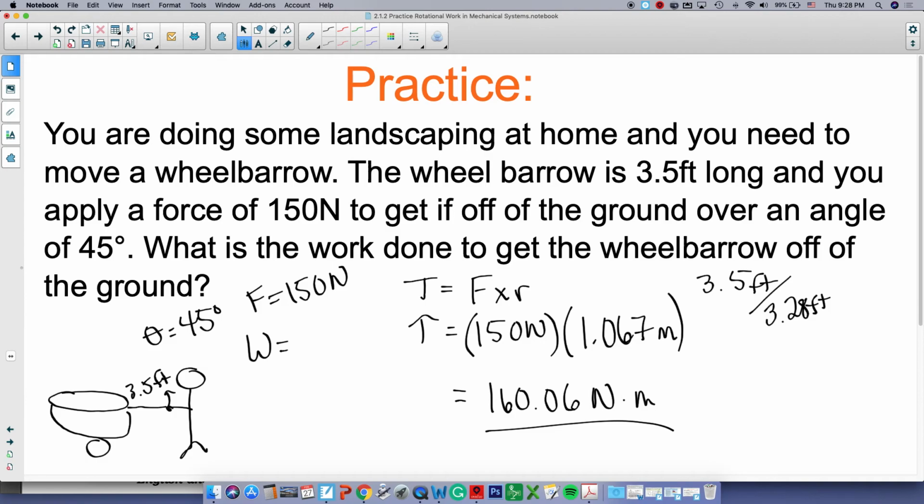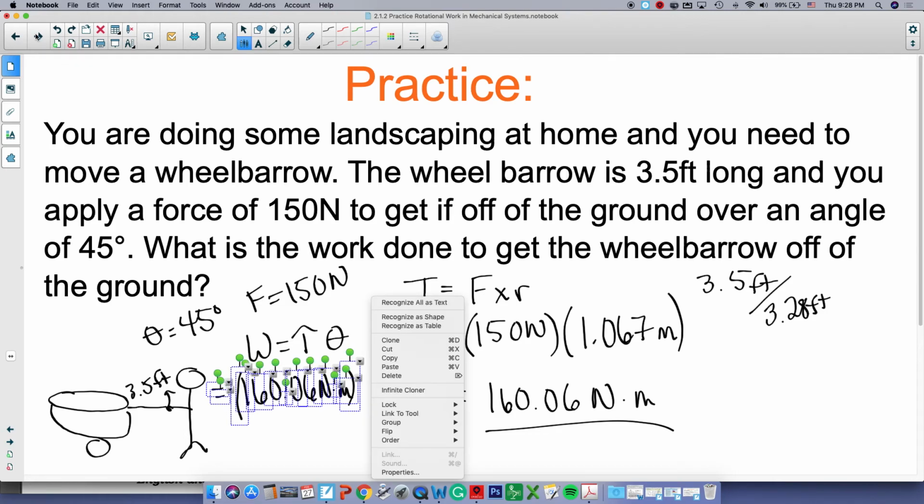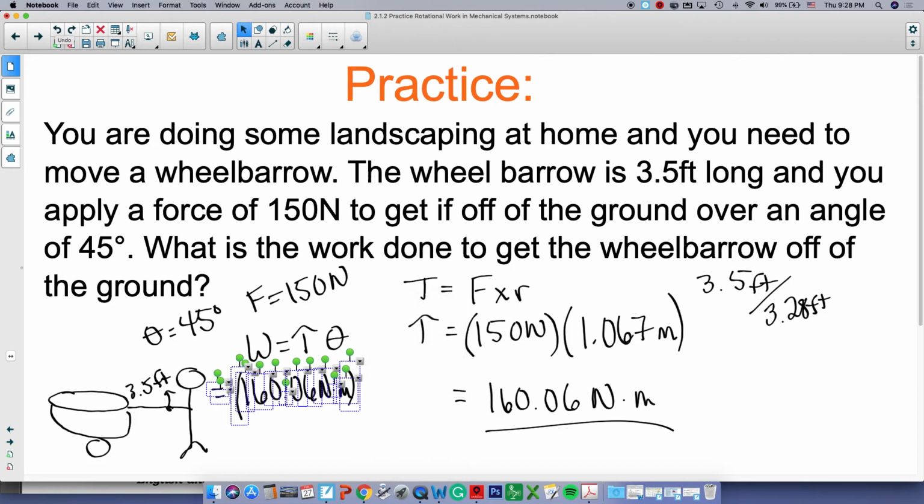Okay, so we can use that now. Our work equals torque times theta. So torque is 160.06 Newton meters, times theta. Theta is 45 degrees. Oops, we don't want 45 degrees, we want radians.